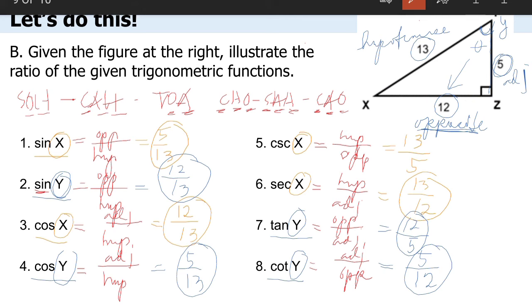So I hope you learned how to illustrate the ratio given trigonometric functions with different reference angles. If you want to go back to this, you can pause this video and take a screenshot of it.